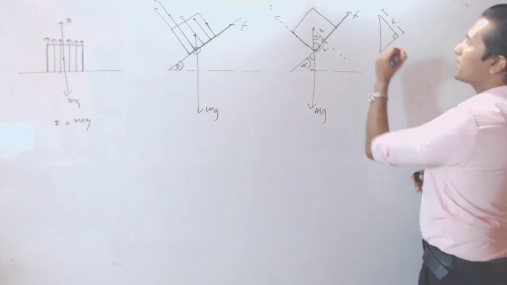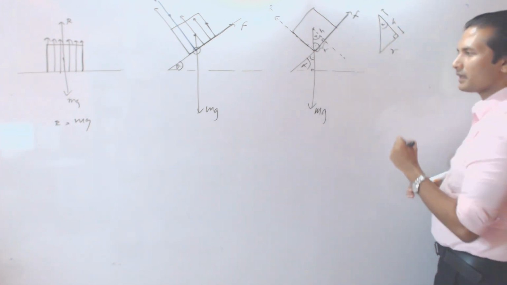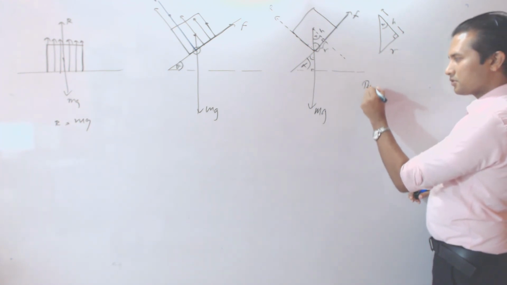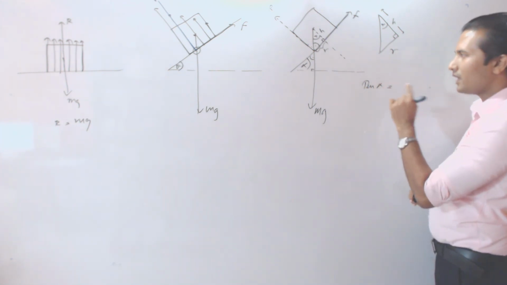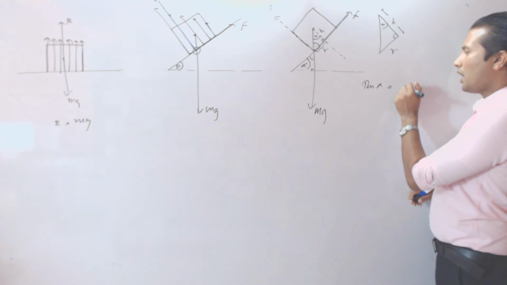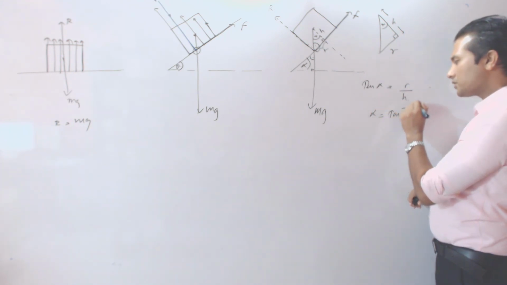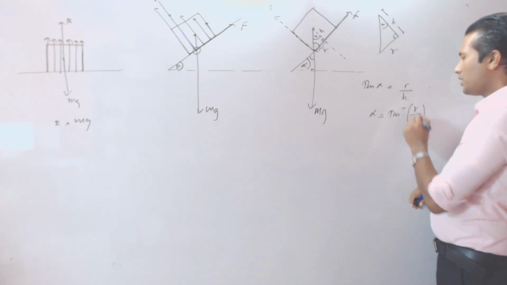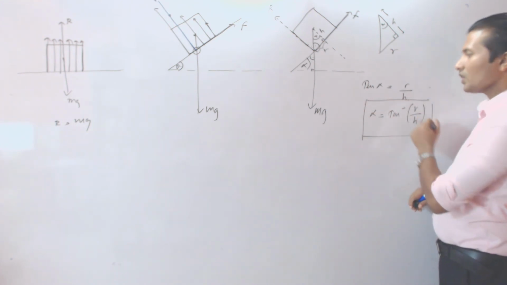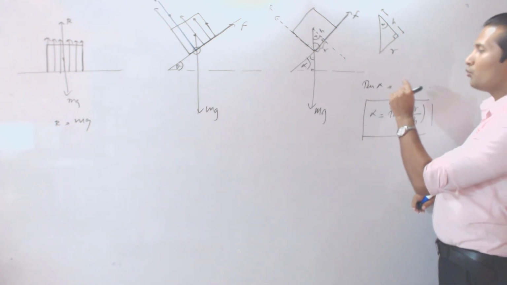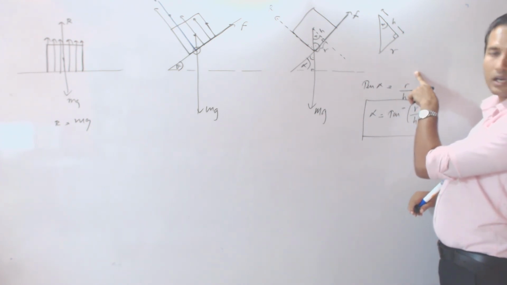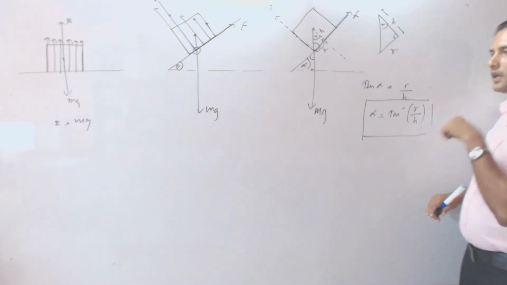So we can measure that angle. Tan alpha equals R over H, which means alpha equals tan inverse of R over H. In order to increase this angle, R should be increased while H should be decreased.